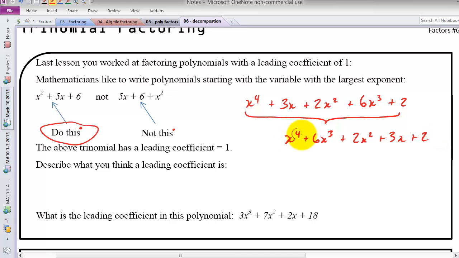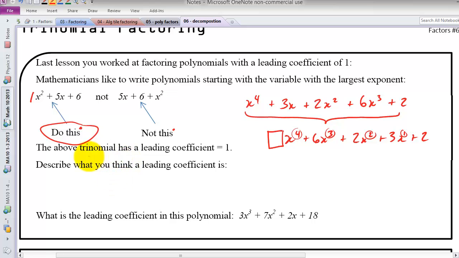We always start with these terms from biggest down to smallest. So the leading coefficient is the coefficient which is in front of the highest order variable. In this example, the leading coefficient is 1.